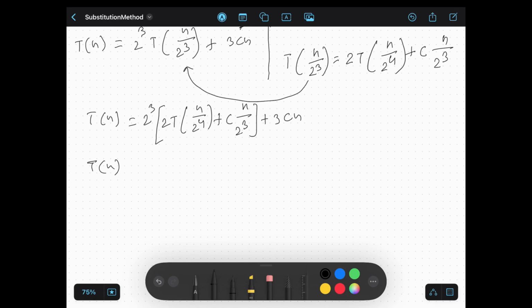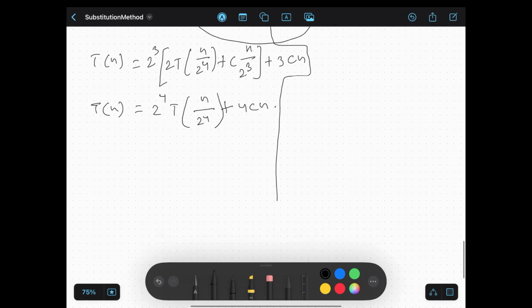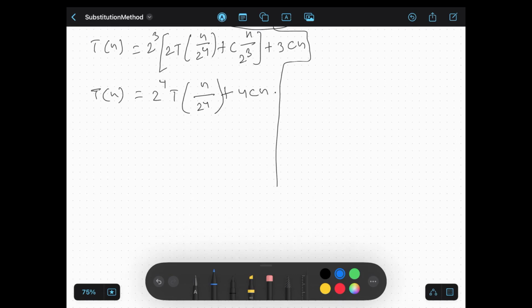If I skip some of the steps, I am going to get, like our previous steps, the way we did. So then let's do a generic equation for a value k.